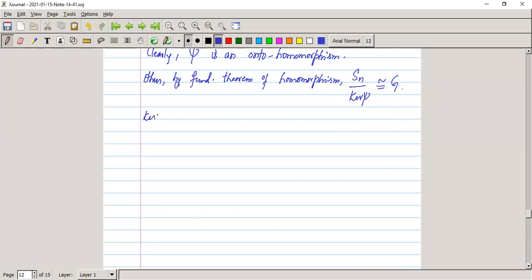By definition, this kernel of psi will be the set of elements S belonging to Sn such that psi of S is equal to 1. By the definition of the mapping psi, we can easily see that this kernel of psi contains all those permutations whose image is 1. That means it contains all the even permutations.